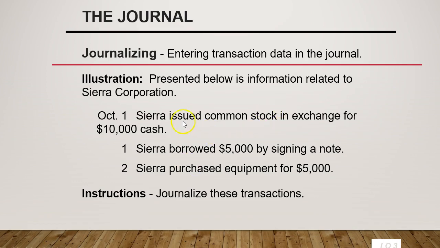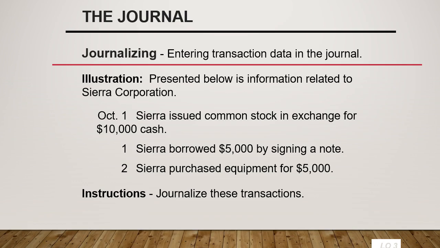On October 1st, Sierra issued common stock in exchange for $10,000 in cash. Okay? So again, when you think about that transaction, you want to ask yourself which accounts are involved. The accounts will be common stock and cash. All right? Then ask yourself, are the accounts increasing or decreasing?